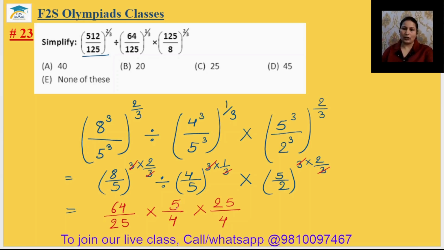Okay. Now we can simplify it. 25 can be cancelled out with the 25. Now 4 4s are 16, again 4 4s are, and we are left with the 4 and 5 in the numerator. So 4 5s are 20. In the denominator there is only 1.